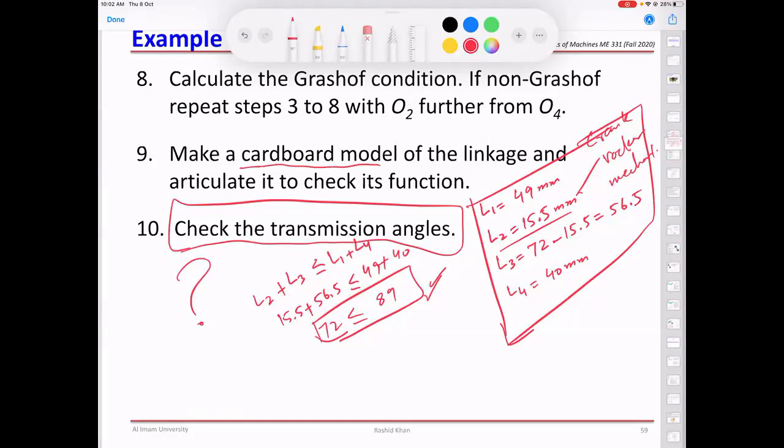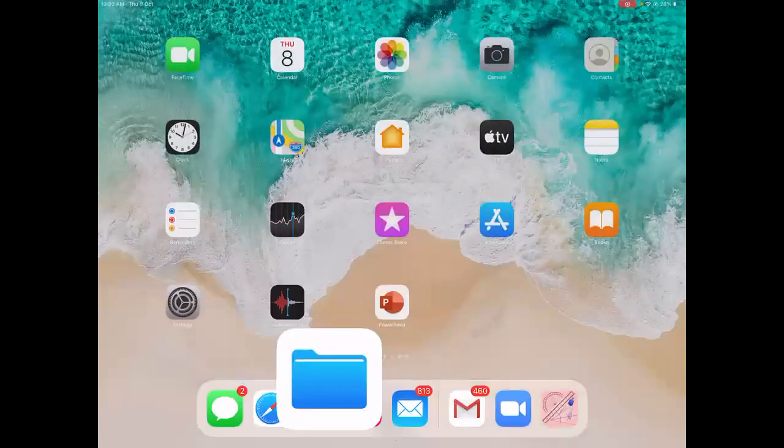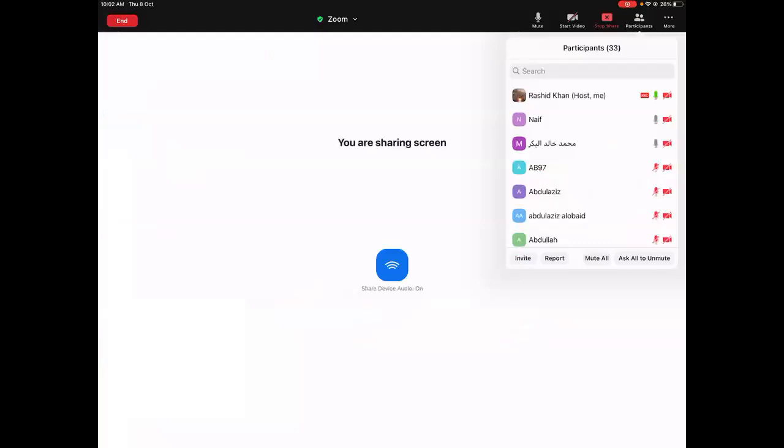Please raise your hand. Okay, if you want to answer, raise your hand. How can we check the transmission angle? Anybody? Nobody.